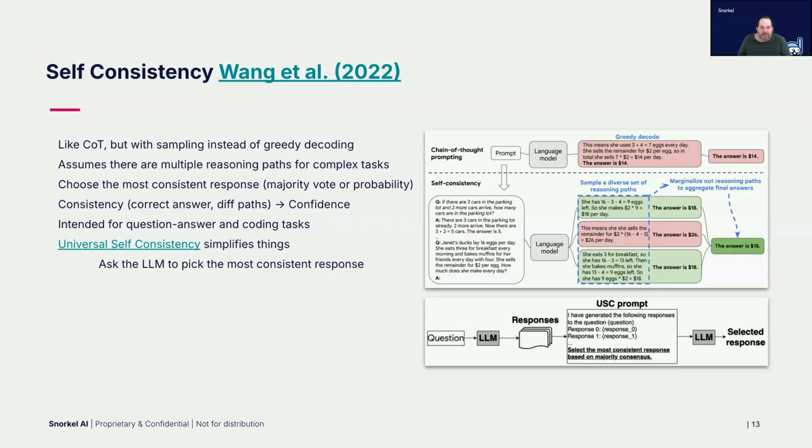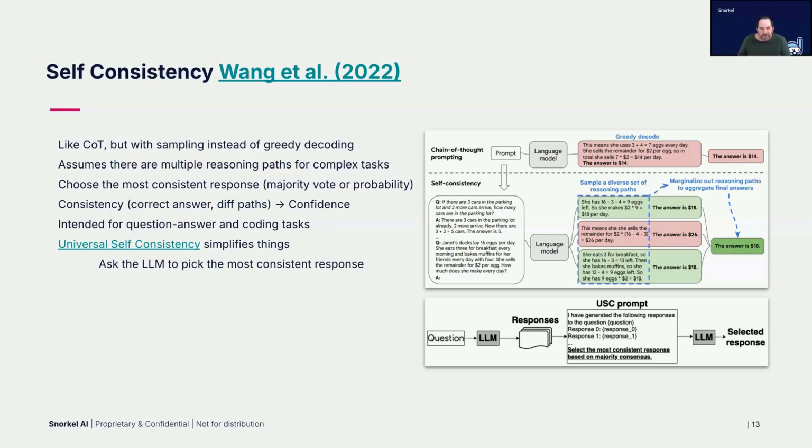And the proposition here is that for complex tasks in particular, there may be multiple ways to solve these, right? Which means there may be a variety of reasoning paths to get there. And so the idea is, why don't we prompt a model and ask it for multiple ways, multiple reasoning paths that get to the solution, and then given, say, 3, 4, or 5, we can choose the most consistent one.